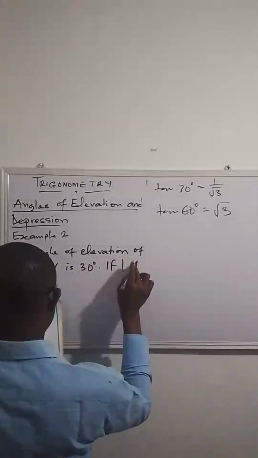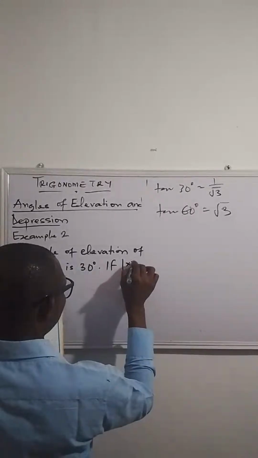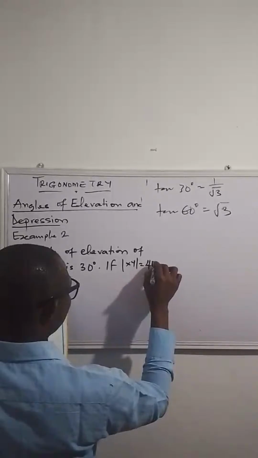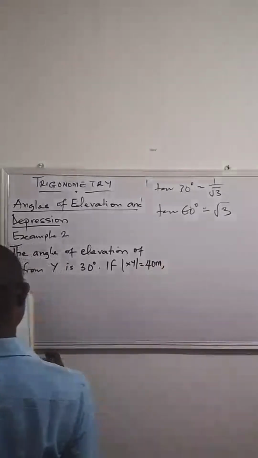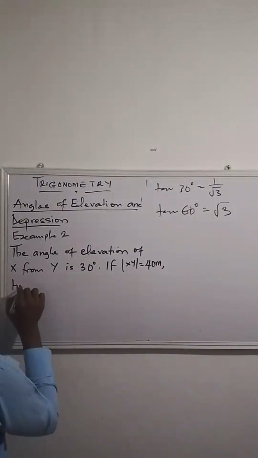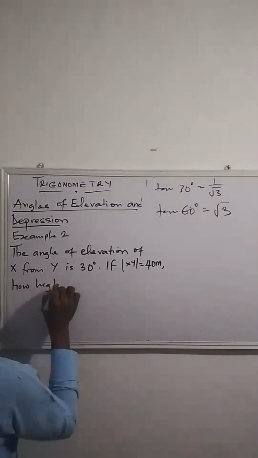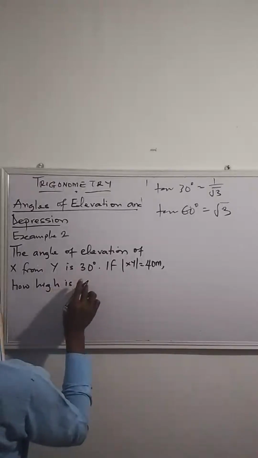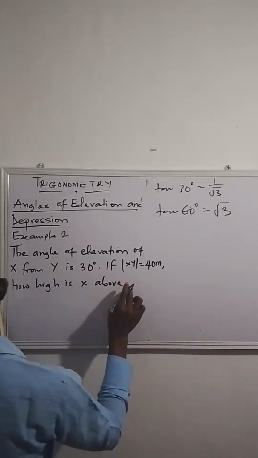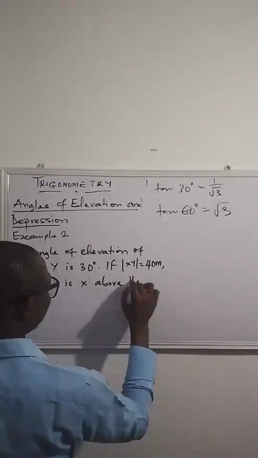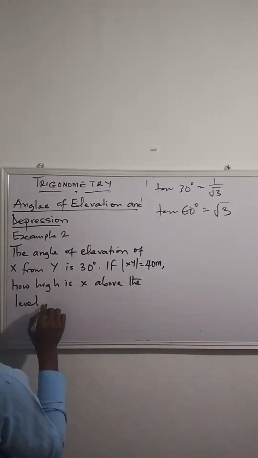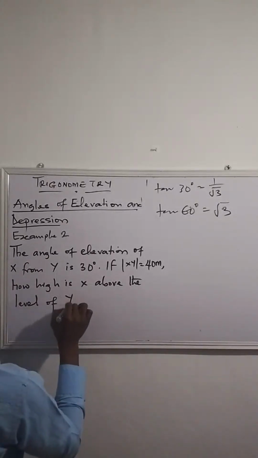If length xy equals 40 meters, how high is x above level y?